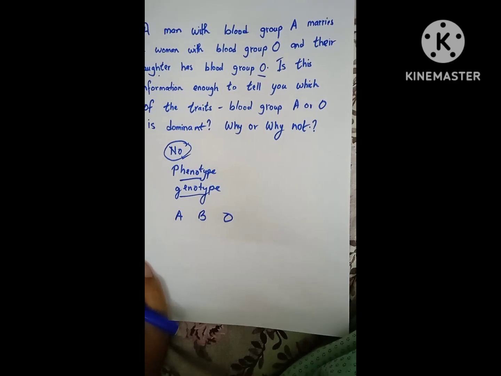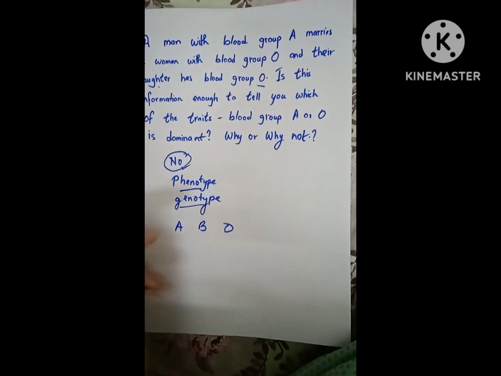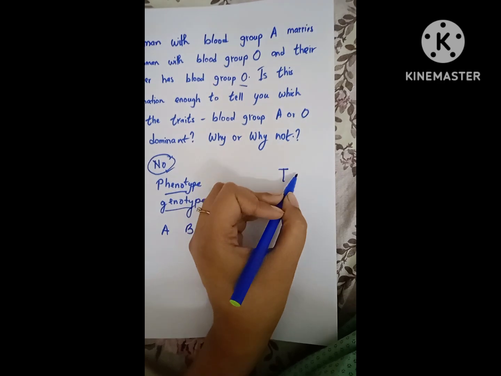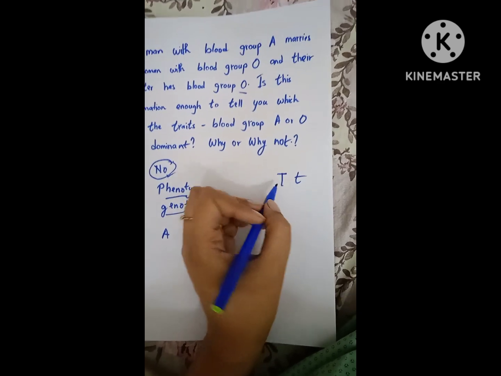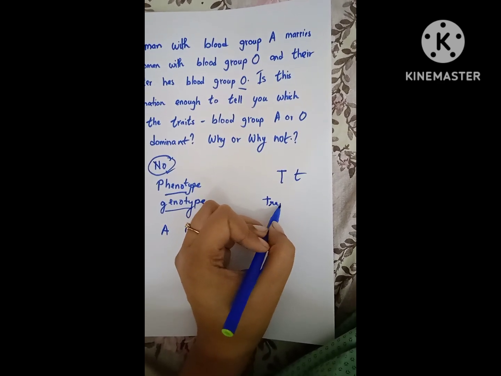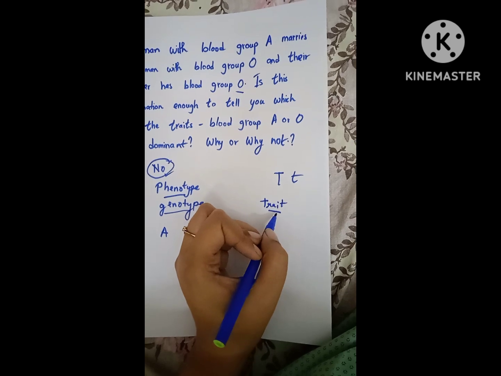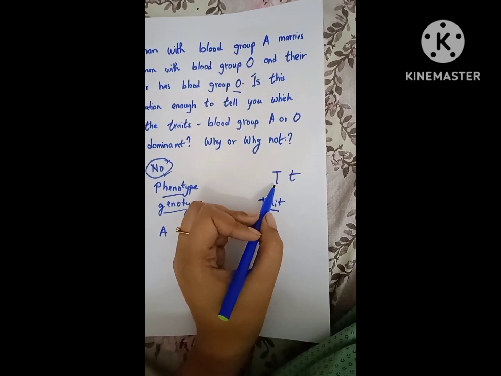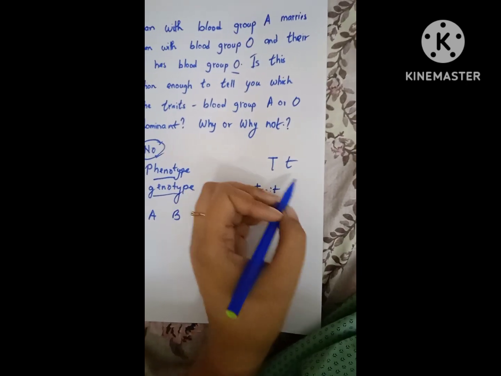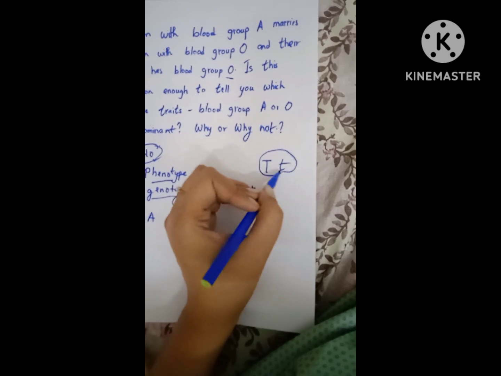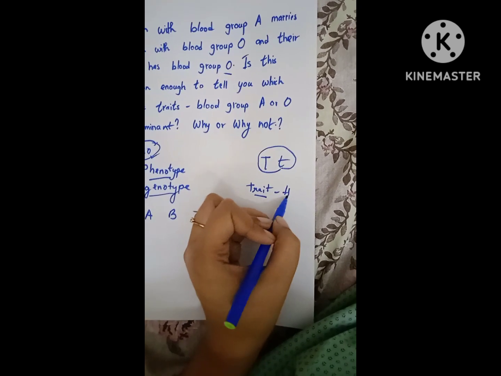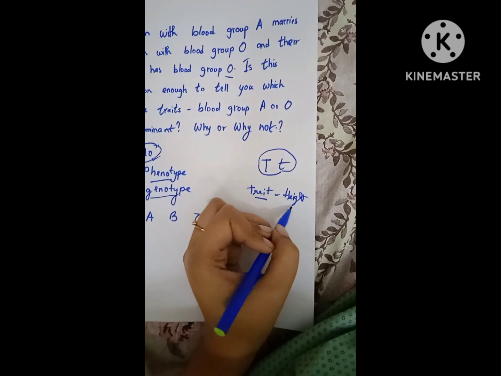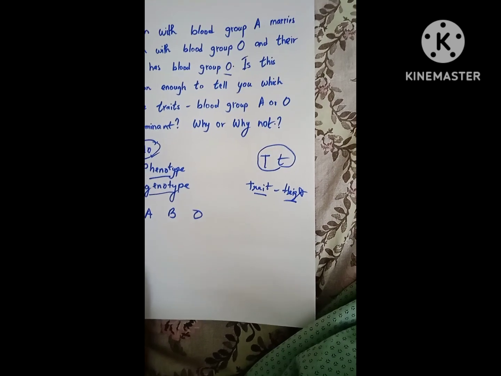Now in your textbook, in Mendel's experiment, we have one tall plant and one short plant. If the trait is the height of the plant, then this allele is for the height of the pea plant, or height of a person.